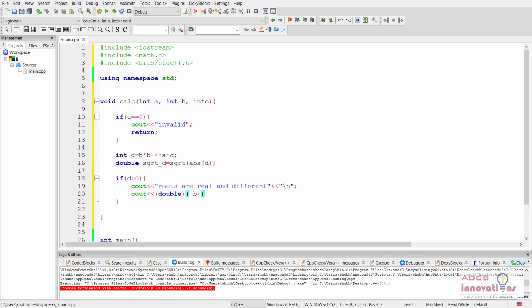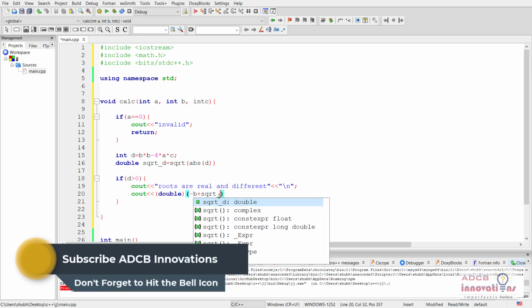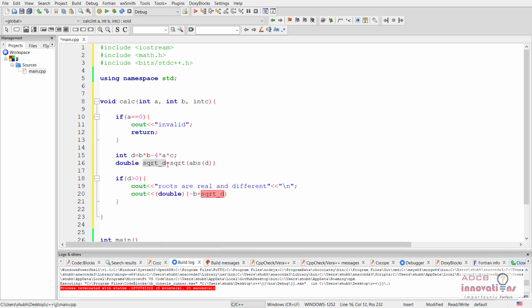So here we are printing first the plus case, then we will print the minus case. So here we are going to write minus b plus the square root value of d, that is this variable sqrt_d, because minus b plus minus root d upon 2a. And here we are going to divide it by 2 into a.